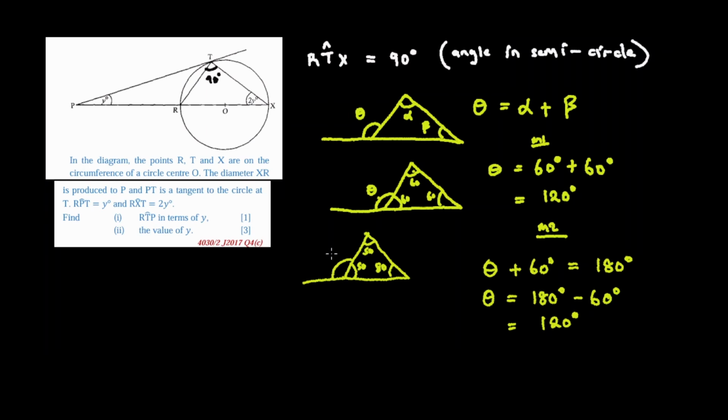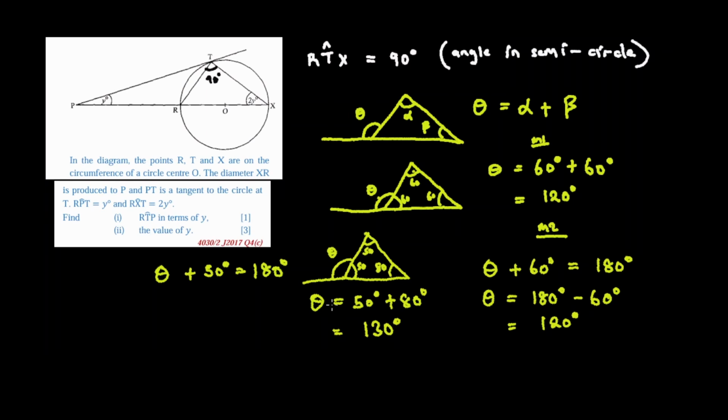Like talking about 80 panapa, 50, 50. What is going to be this angle theta? According to our principle, theta should be equal to 50 degrees plus 80 degrees, which gives us 130 degrees. Munogona kuita futi another method yekuti theta plus 50 degrees should be equal to 180 degrees.